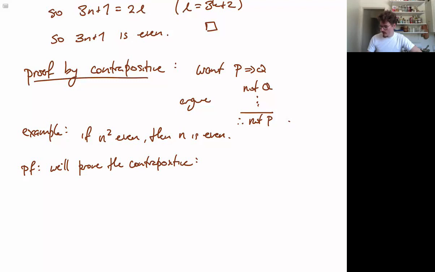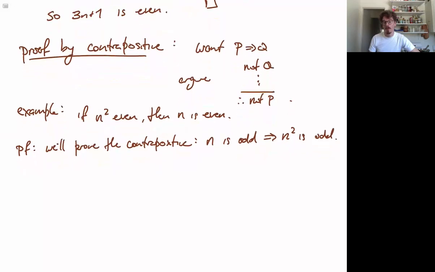So it should look like n is not even implies n squared is not even. So n is odd implies n squared is odd. And this is going to be easier than the other direction, because this way is going to be basically just some arithmetic. And the other way, I think you would have to be a little bit more subtle about divisibility and facts about prime factorization and things like that. We don't have to worry about any of that this way.